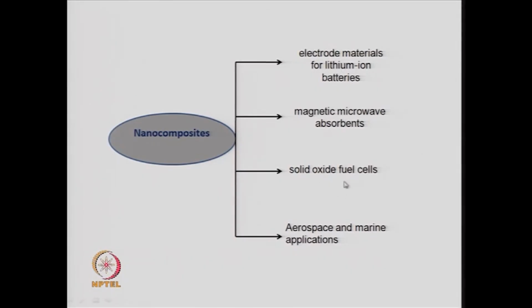solid oxide fuel cells, which is also related to energy, where you get clean energy. That means there is no pollutant produced as a function of the energy being produced, unlike many thermal and other types of fuel energy generation.